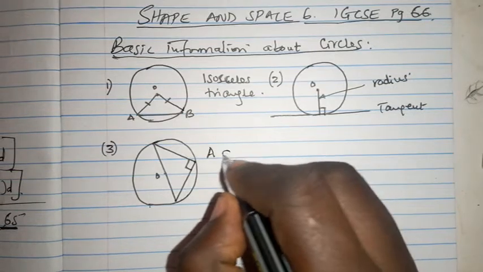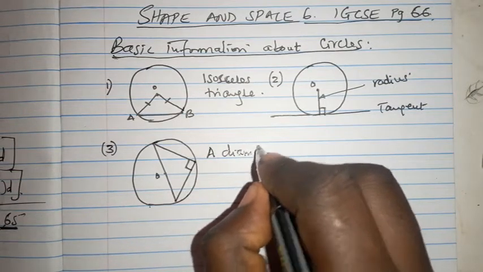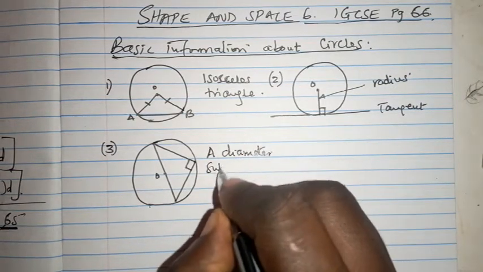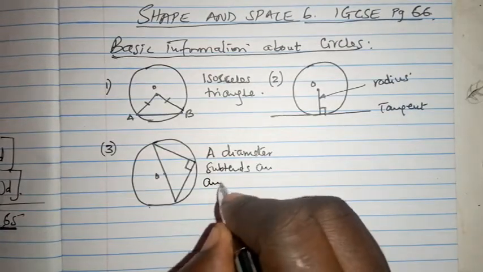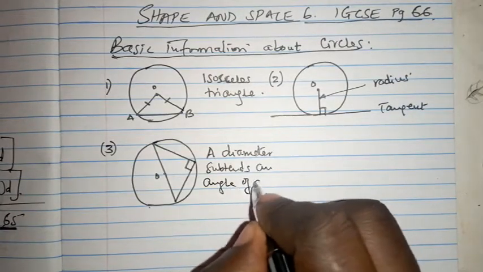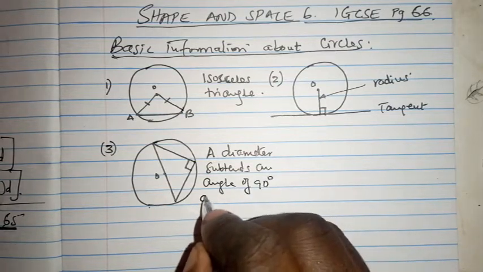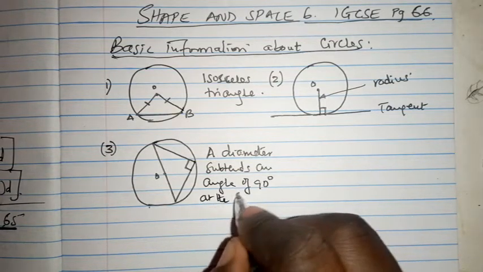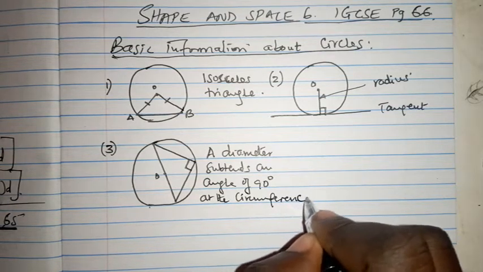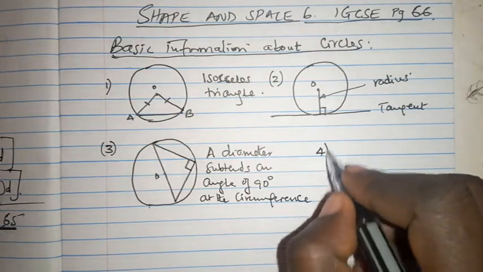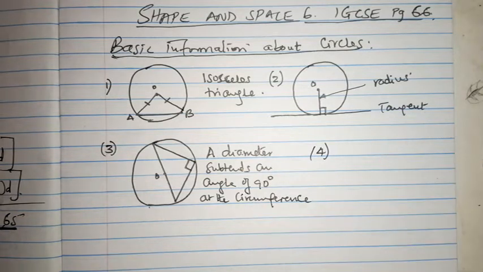You can just say that a diameter subtends an angle of 90 degrees at the circumference. This is quite important.